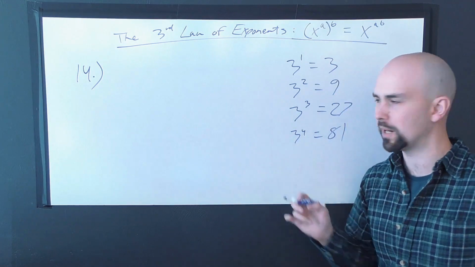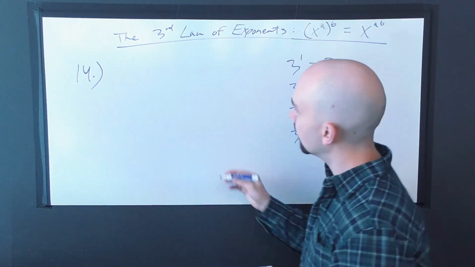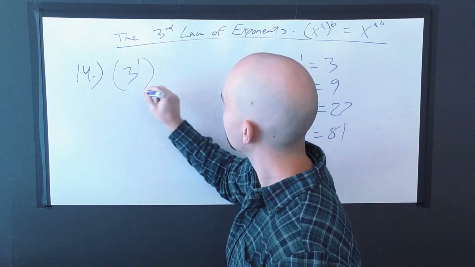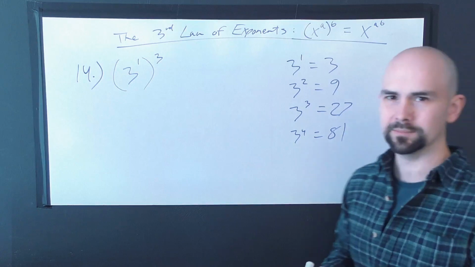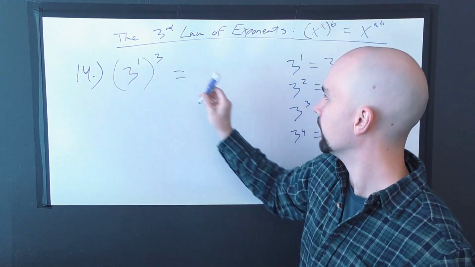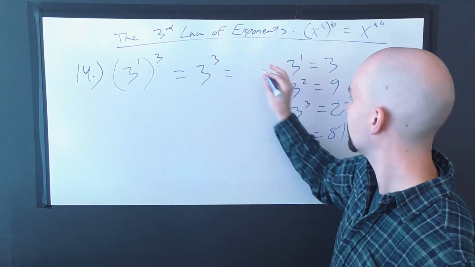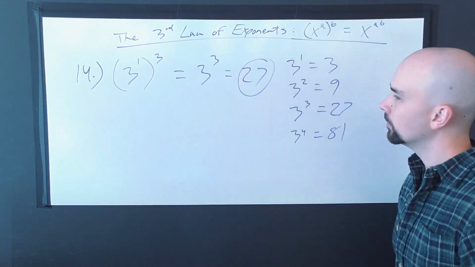And I'm going to change the problem so you don't need more than this of the table. But we could do something like this. 3 to the power of 1 cubed. But what would that be? Multiply 1 times 3. That's 3 cubed. And what does that equal? 27. 3 cubed is 27. So that's my answer.